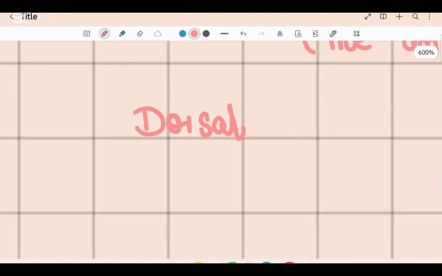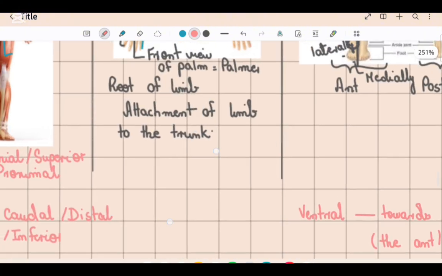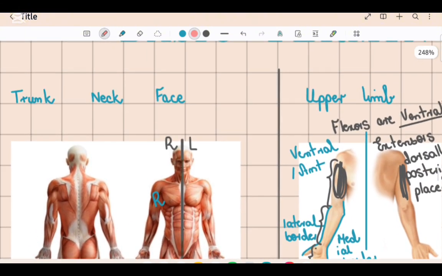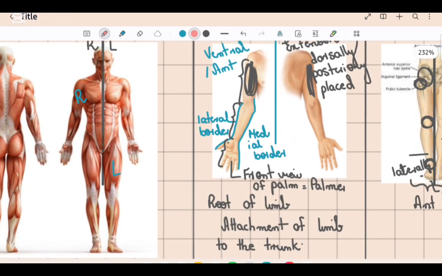Okay, here we have done the cranial, the superior and the proximal. So you can add one more thing here, that is the rostral. The rostral is also the same as the cranial, the superior and the proximal, but it is more usually used in relation to your brain and the head. And the caudal is basically the tail part that we have already learned, that is away from the head. That's the caudal, the inferior or the distal part.